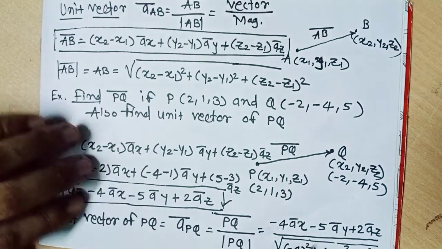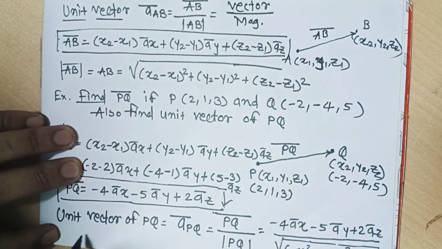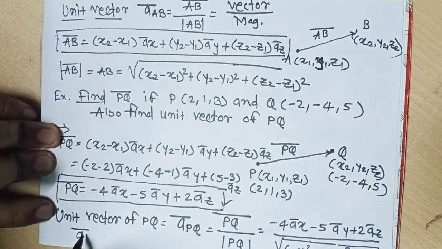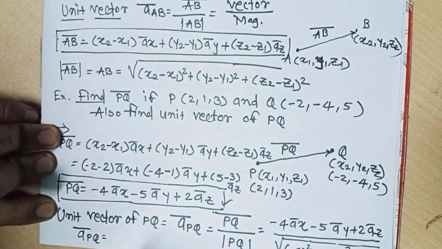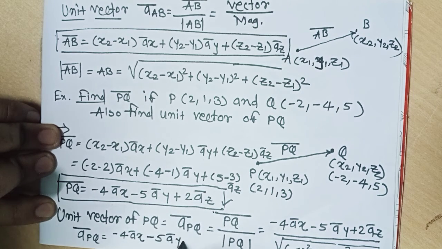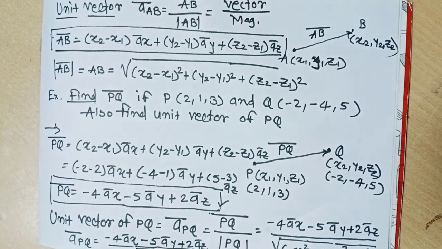On simplifying this, you will get a bar PQ equal to minus 4 a bar x minus 5 a bar y plus 2 a bar z, divided by under root 45. So this is how we can find the vector.